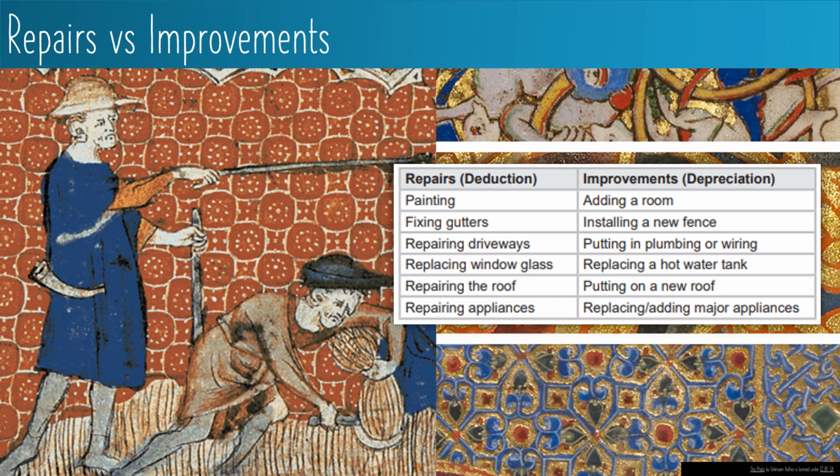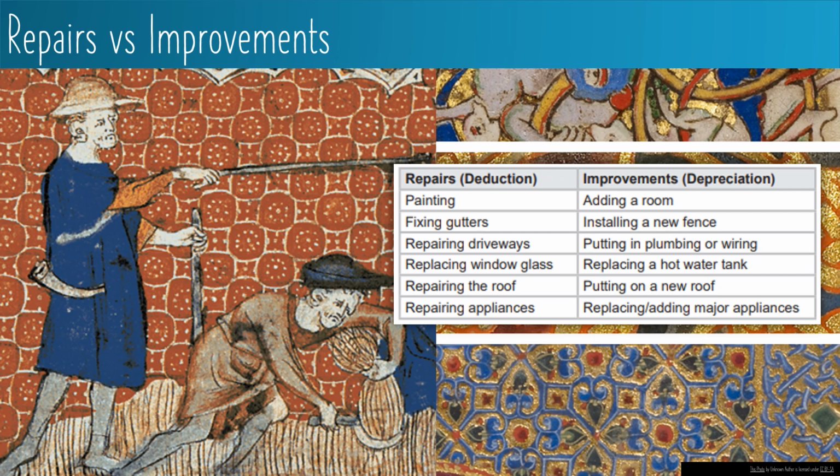For those of you who have done some accounting classes, this will sound very familiar, but in the field, sometimes it's not easy to tell, so we use our resources to look things up, and we use our judgment to determine whether an expense is a repair or an improvement.